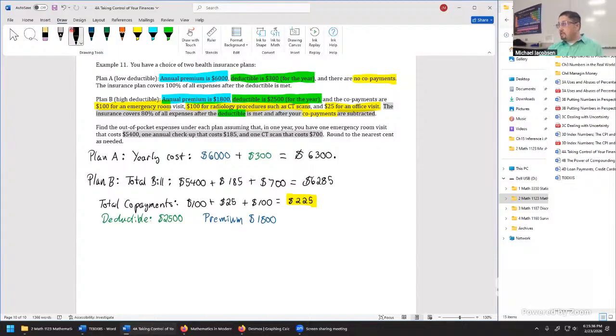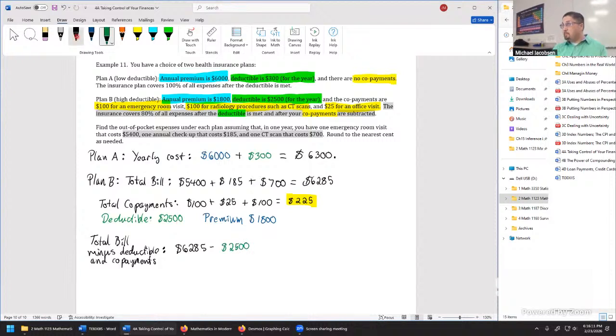Okay. Let's take the total bill minus the deductible and co-payments. That's going to be the $6,285 minus, we've already chipped away at it at $2,500, minus the co-payments, $225.